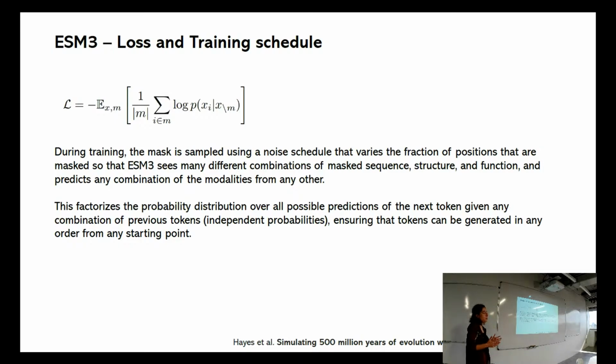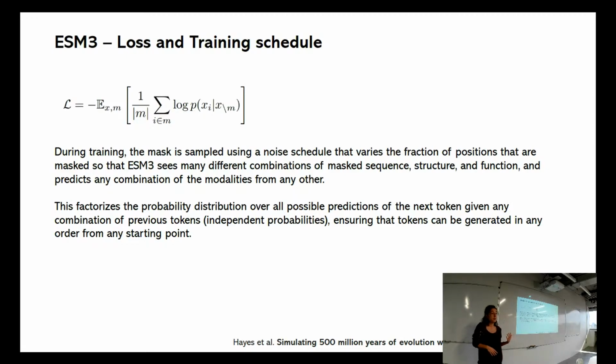So it's not just predicting something. This model can predict a structure. This model can predict a function, for example, because it has these modalities in input, so it has to have them in output too. You can use a decoder to go back and obtain a sequence, a structure, or a function.